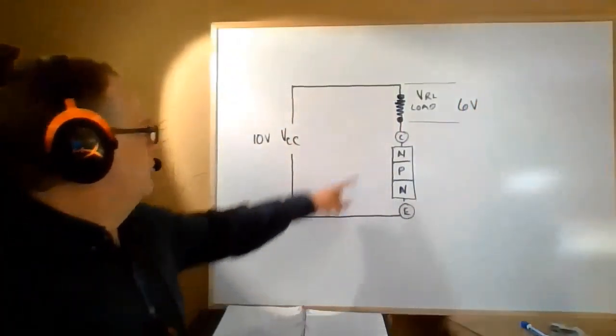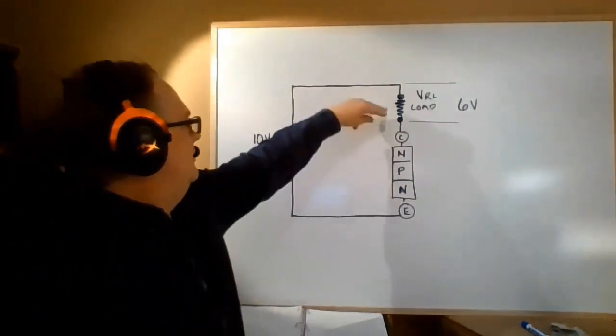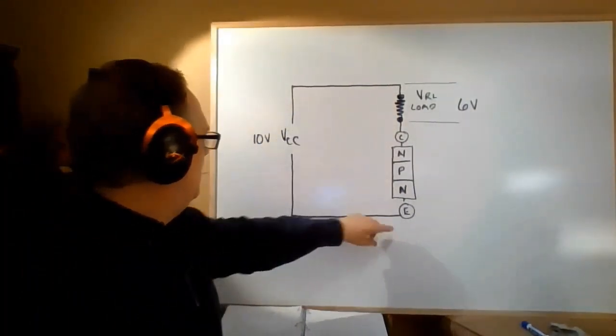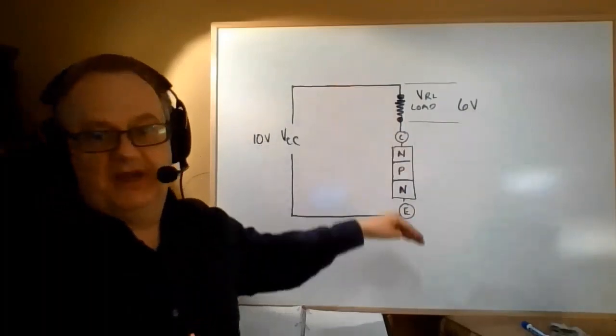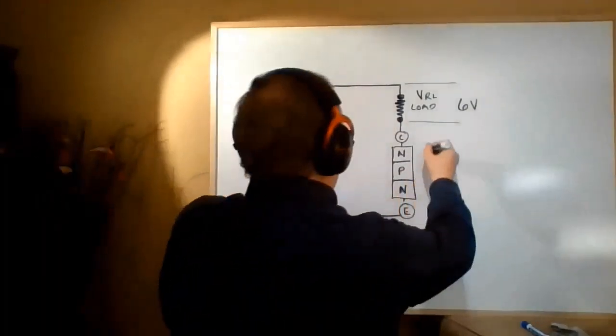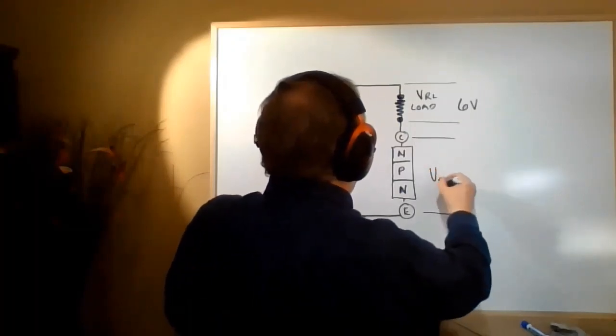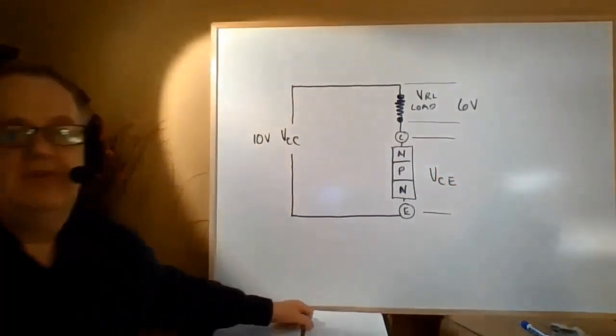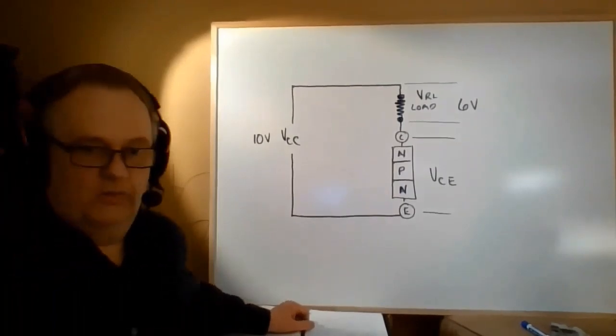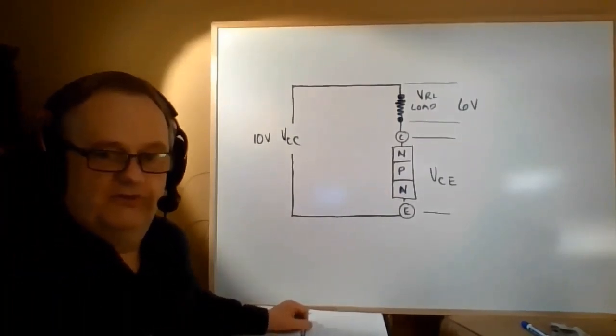We know that this branch, I can see this line and this line here both connect right to the source. So I have to drop 10 volts. And so what we have here is VCE, which is V collector to emitter. As you recall, that is one of the ratings, the maximum voltage drop collector to emitter of a transistor.